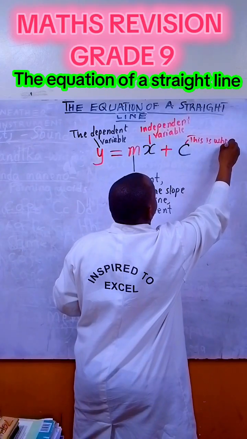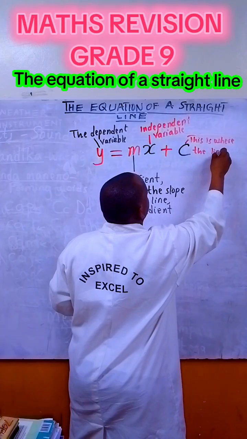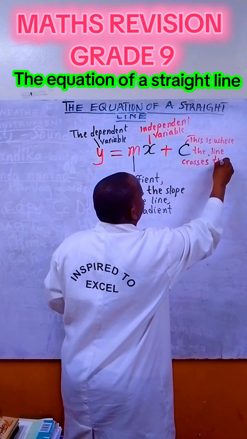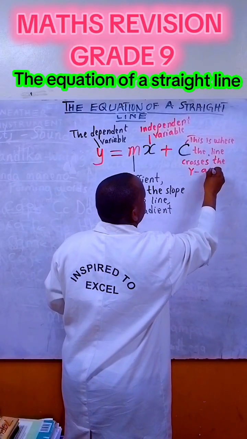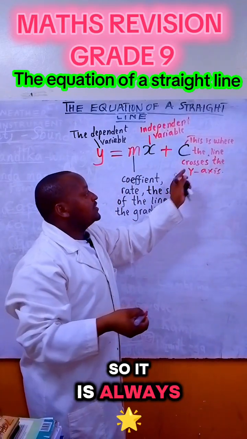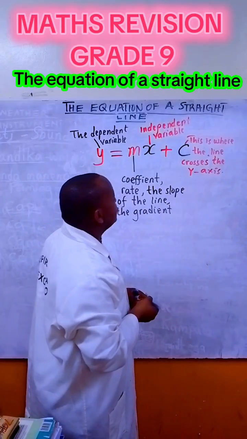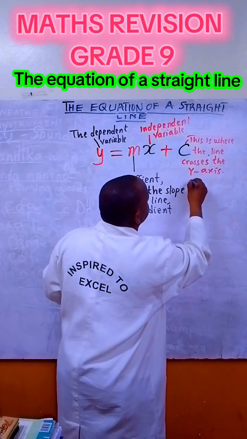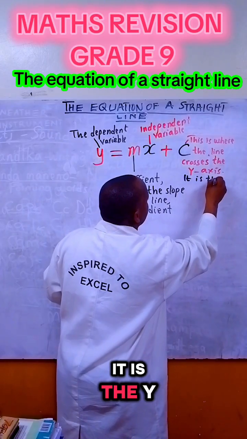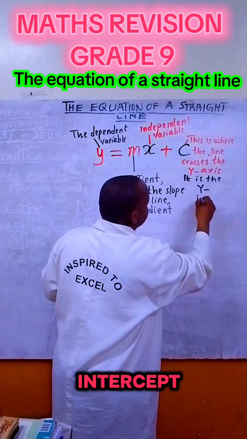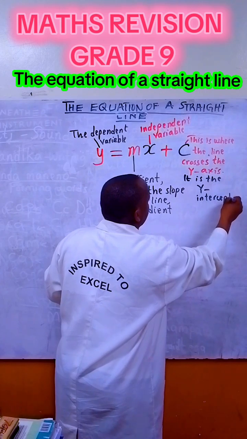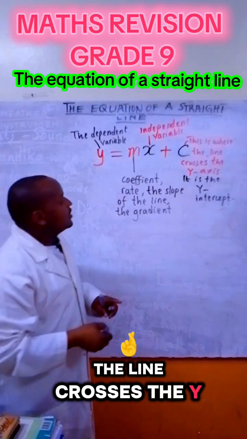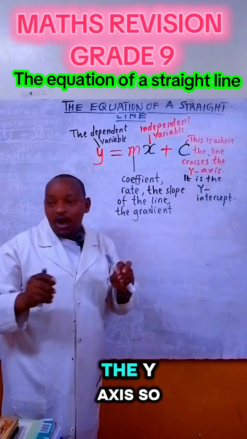It is always the y-intercept, the place where the line crosses the y-axis.